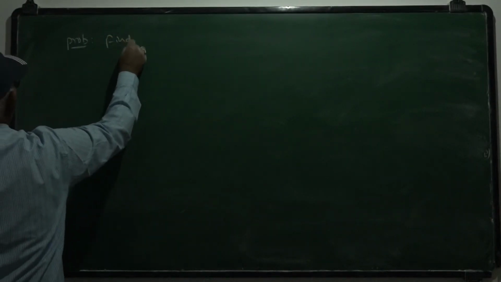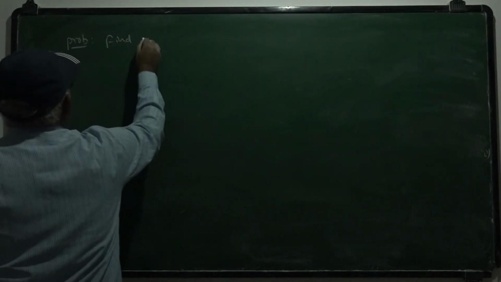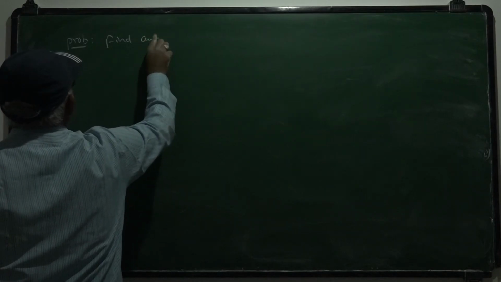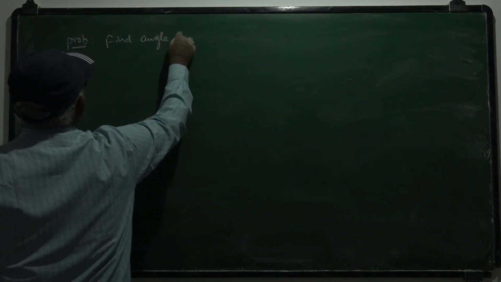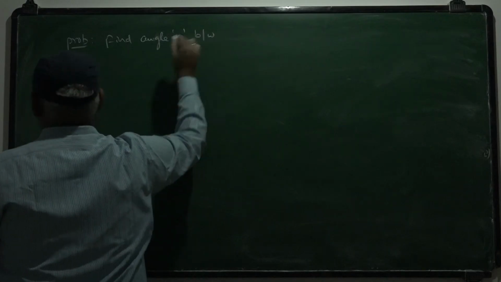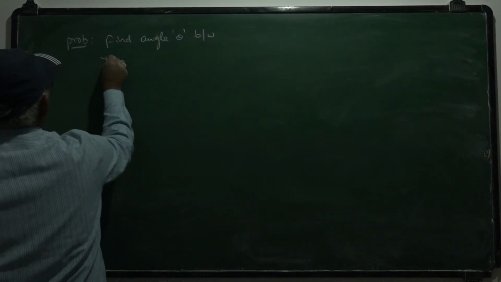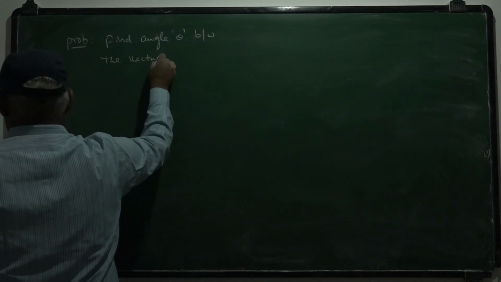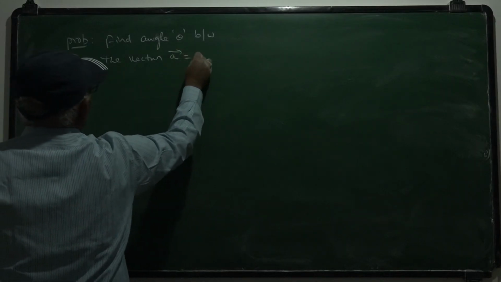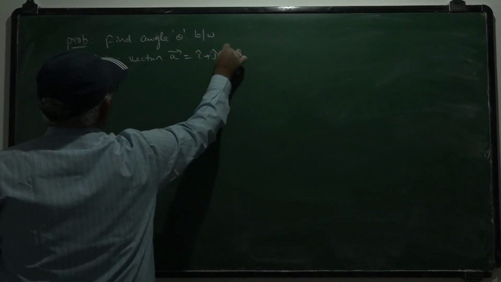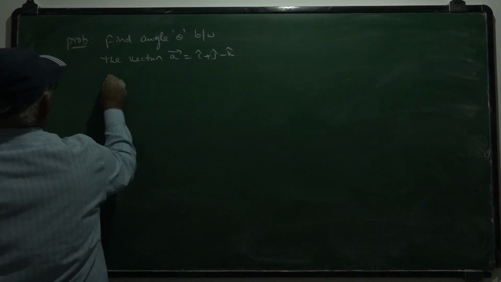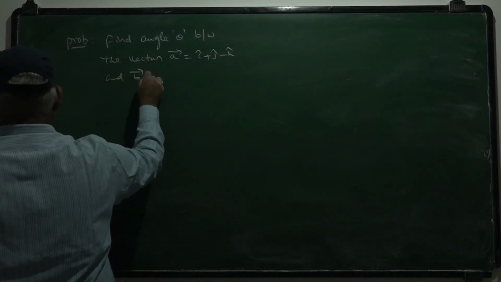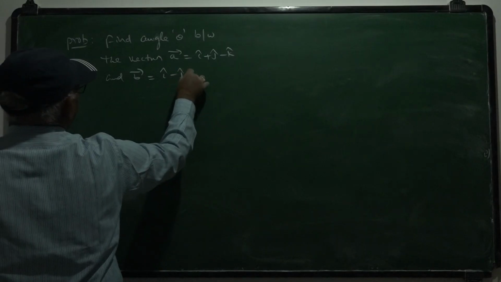Next one. This is one important problem. Find angle theta between the vectors a bar is i plus j minus k and b bar is i minus j plus k.